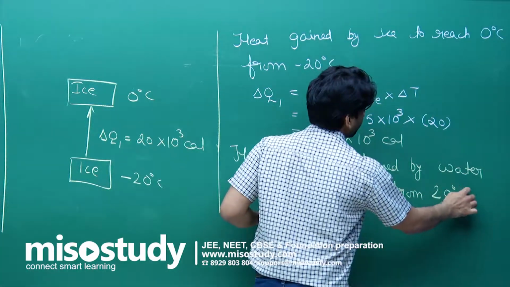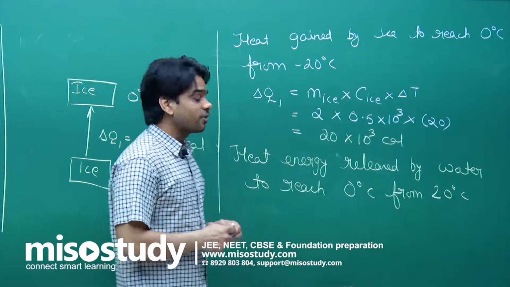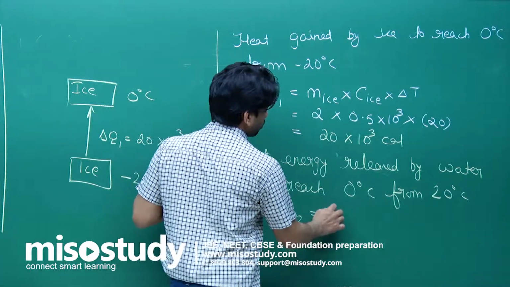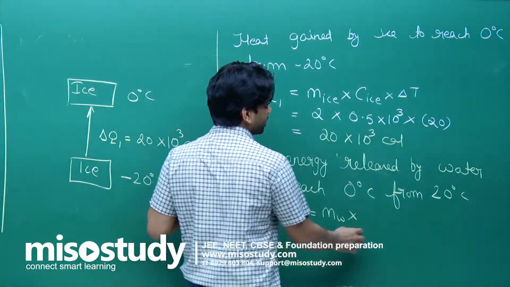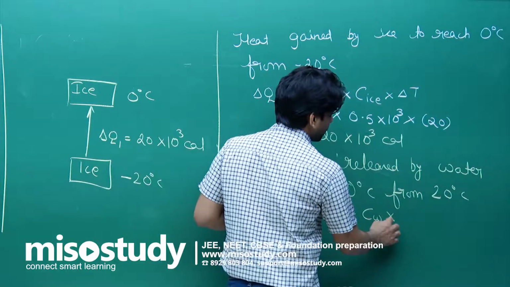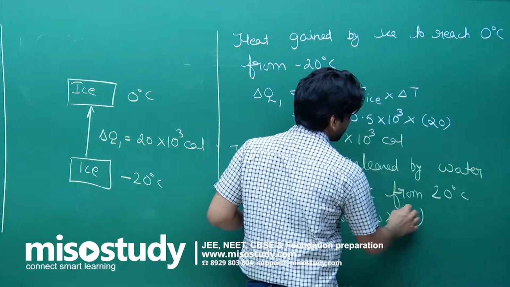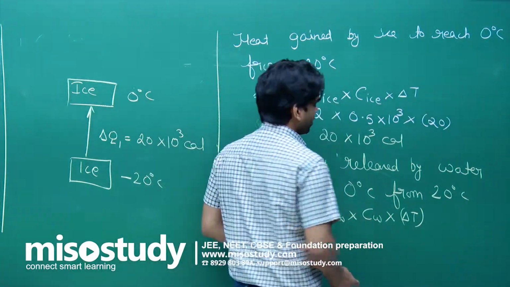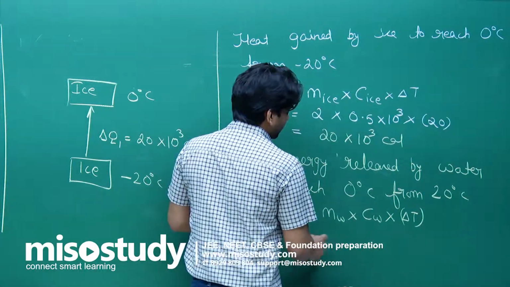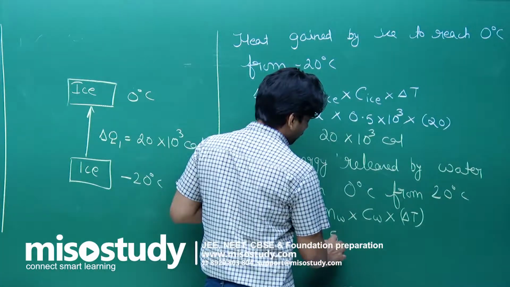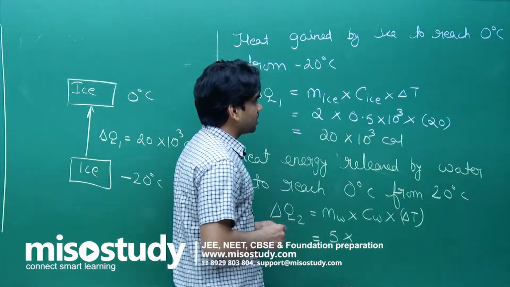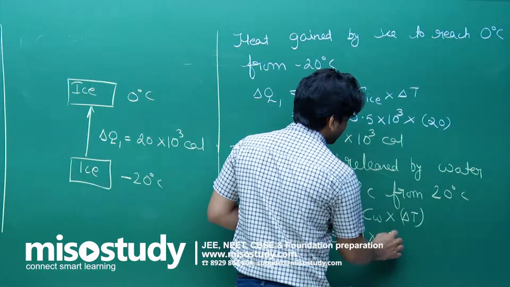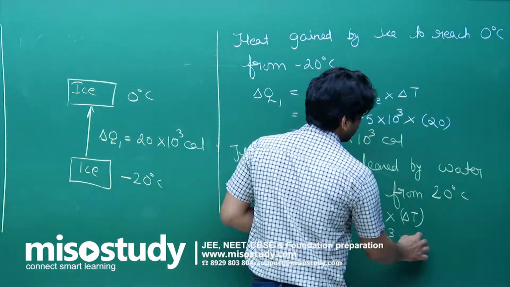For this, you see what you need to do. Heat energy released by water will again be delta Q2, that is mass of water multiplied by C of water multiplied by change in temperature. Delta T is different here. Mass of water is given as 5 kg, so I am using 5 multiplied by the specific heat capacity of water, that is 1 kilocalorie, so 1 into 10 to the power 3, multiplied by the change in temperature, again 20.